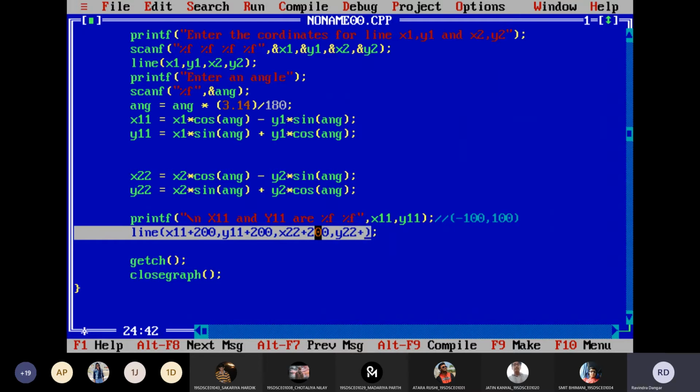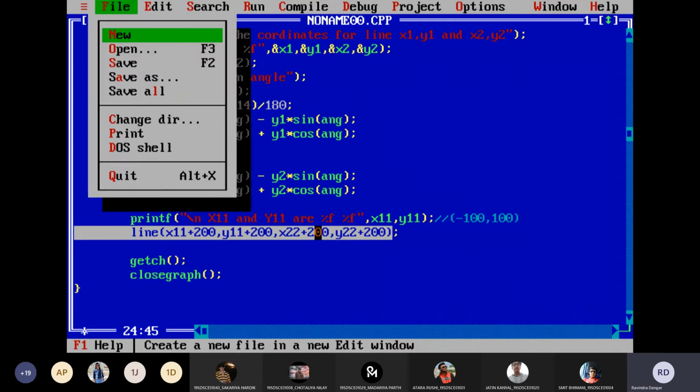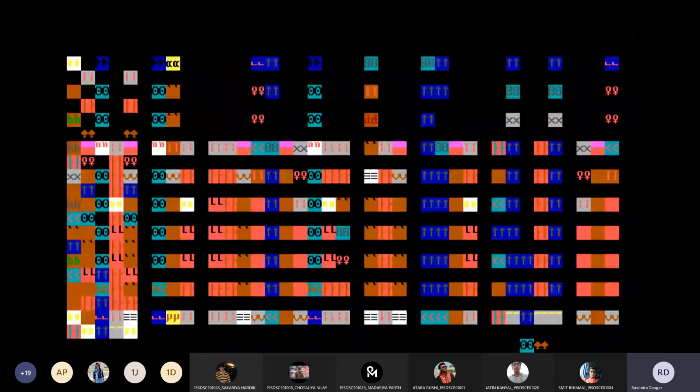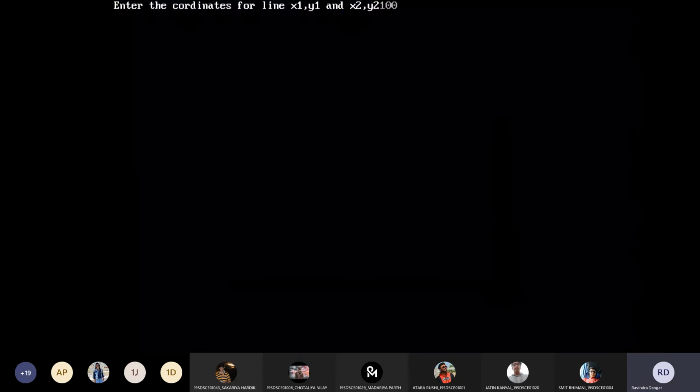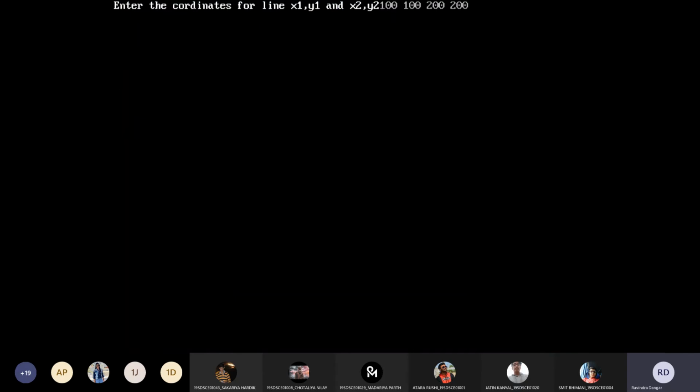I think for y we may not get negative values, but still let me edit and run this file again. You can see now the line is visible. Earlier it had negative values. What we have done is added certain pixels to the original coordinates so that now it is visible inside the screen.